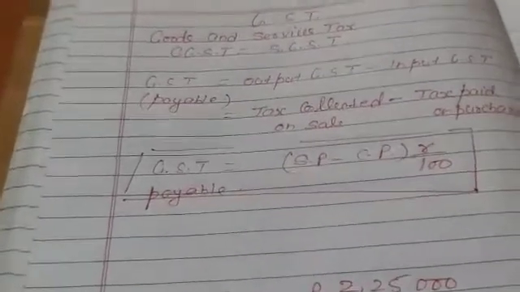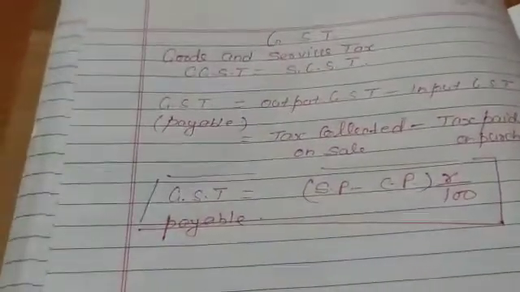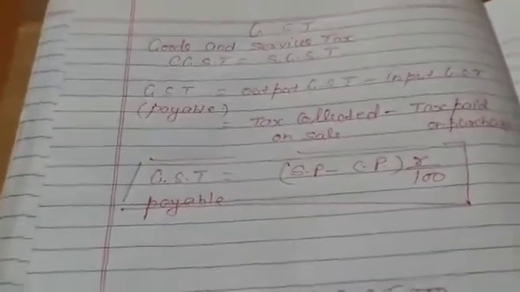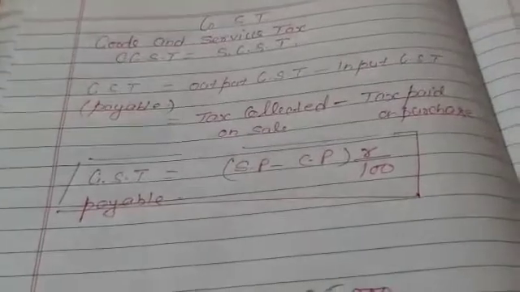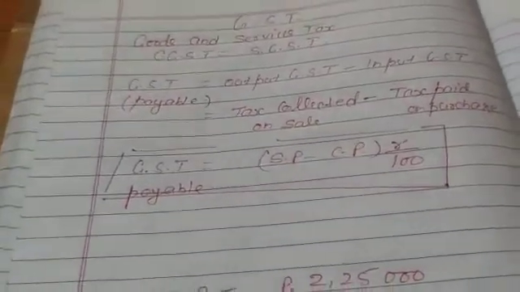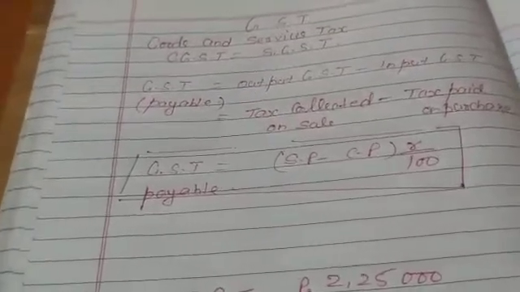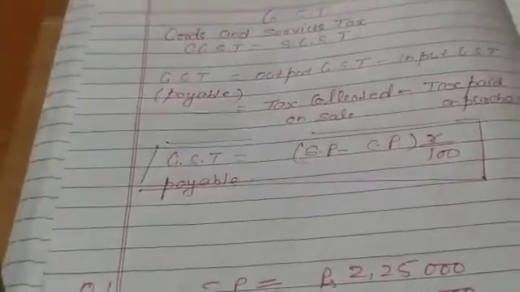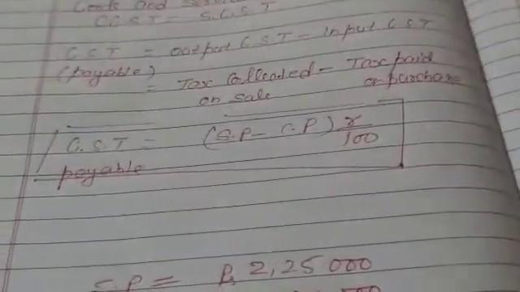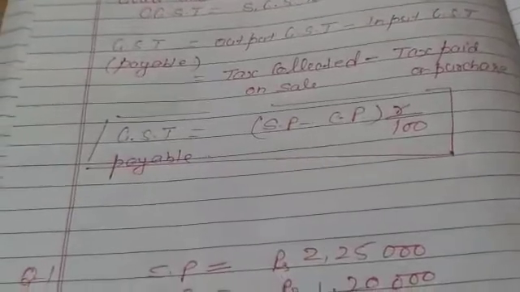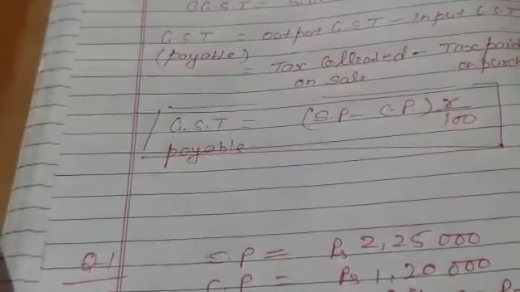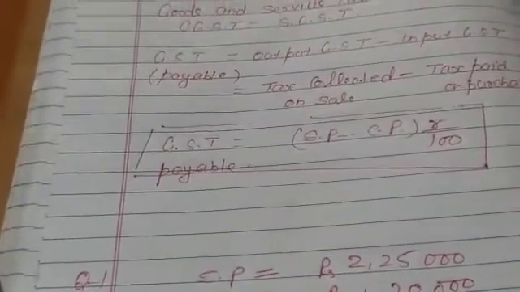The GST is payable if the tax collected is more than the tax paid. In case the tax collected is less than the tax paid, the GST is credited to the businessman, not paid by the businessman.